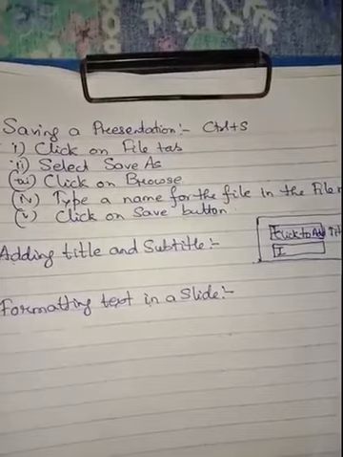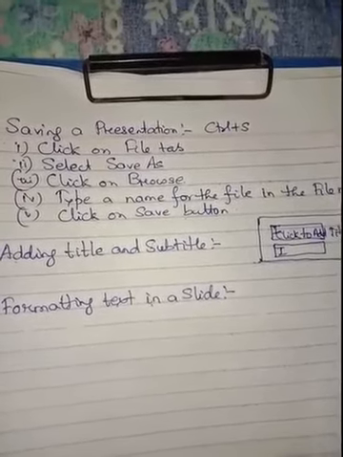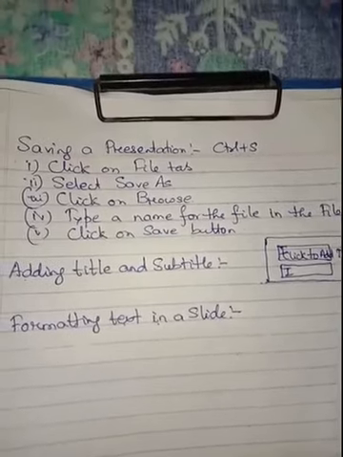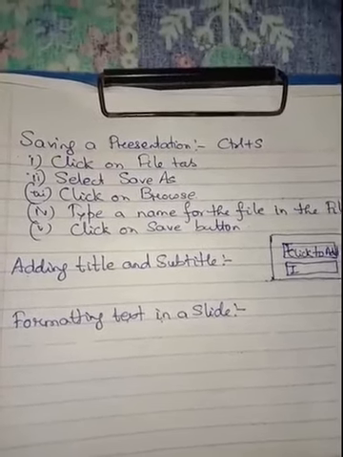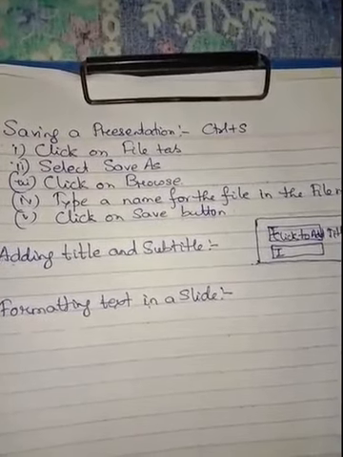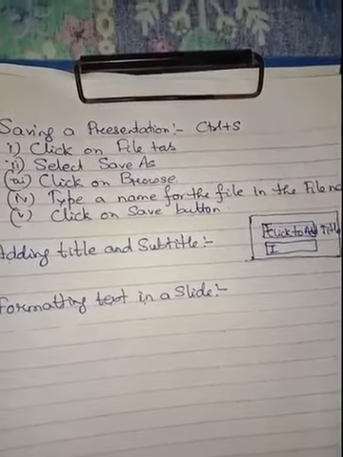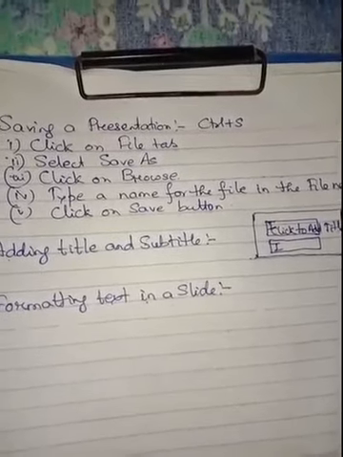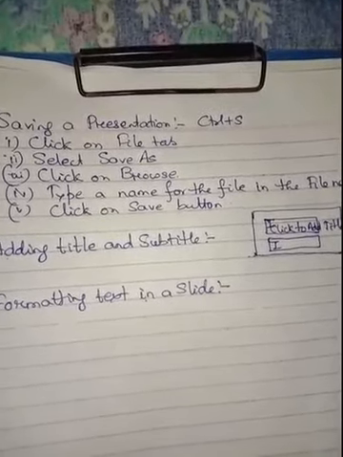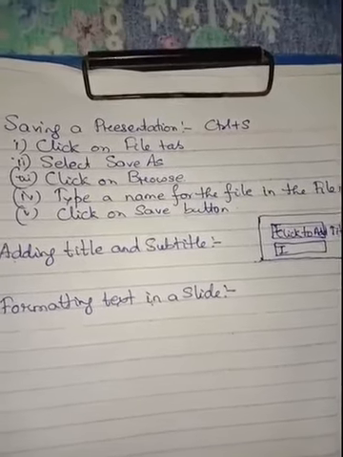So the formatting is mostly done so that you can attract the attention of the audience on the important information that you have typed in the slide. So different types of formatting buttons are available in the home tab, like bold, italic, underline, font color, font size, font styles, etc. These were some of the formatting effects that we can add in our text in a slide.